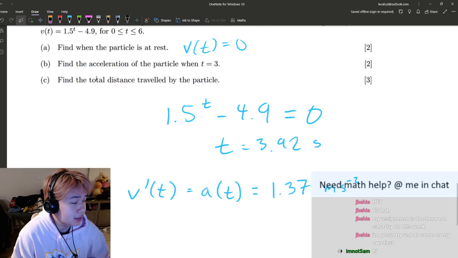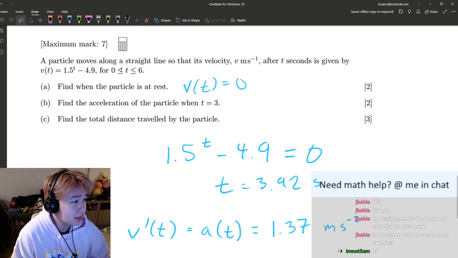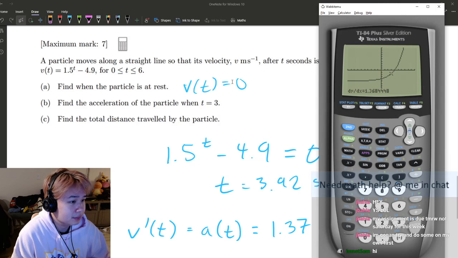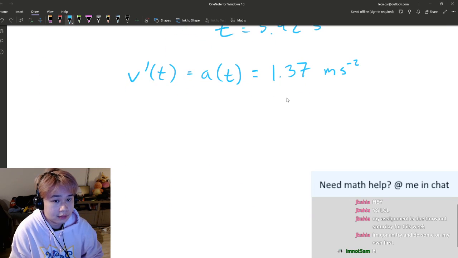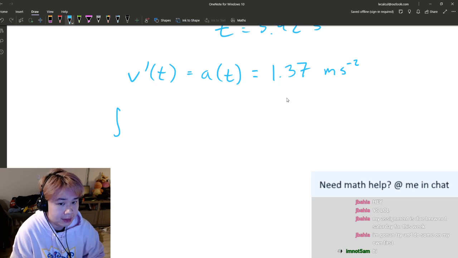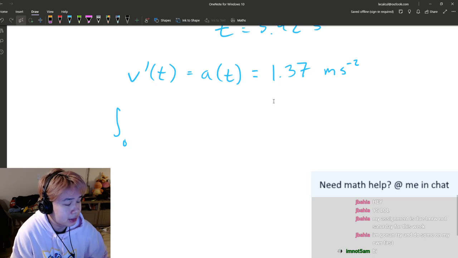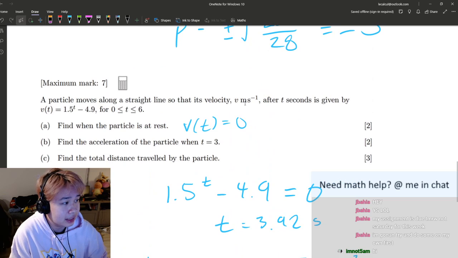And then we need to find the total distance traveled by the particle. So the particle travels from t is 0 to 6. So right here. And you have to be a little bit careful. So from t equals 0 to t equals 6, some of the area is going to be negative. So essentially, you need to split this up into the two portions, the one that's below the x-axis and the one that's above.